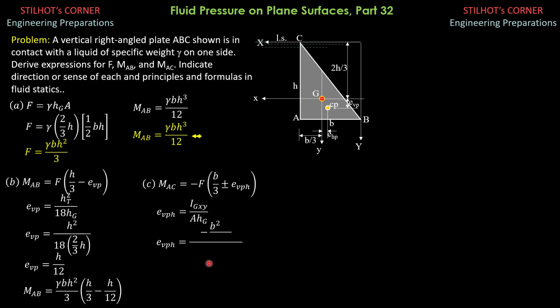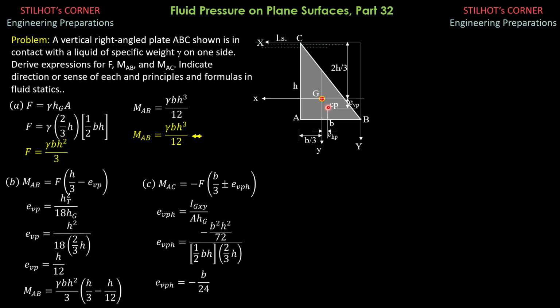Then the area is equal to 1/2 BH. HG is 2/3 of H, and if you simplify that, that's equal to negative B over 24. Because it is negative, this is the correct position of the center of pressure.